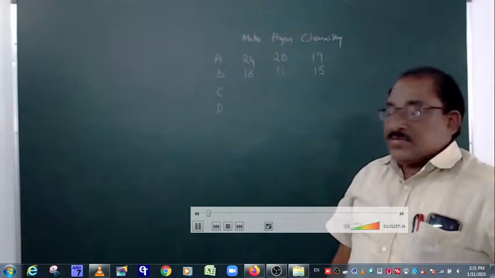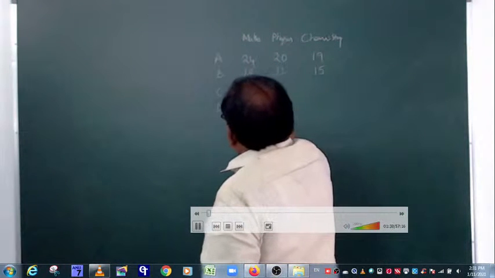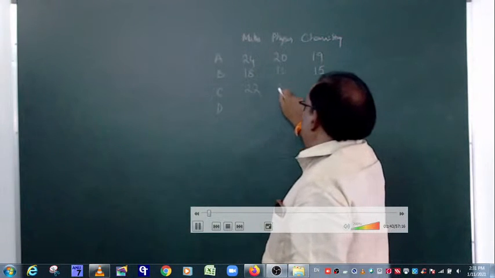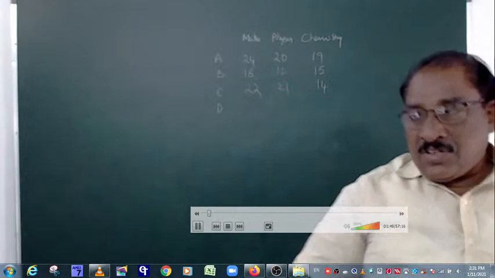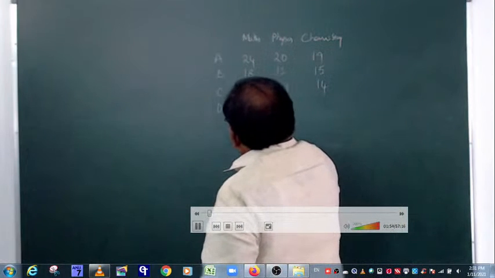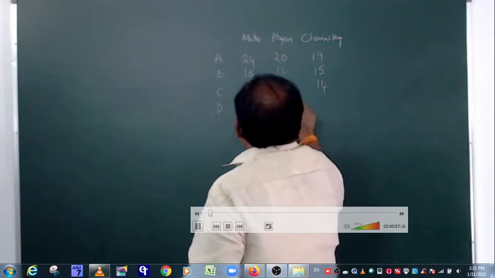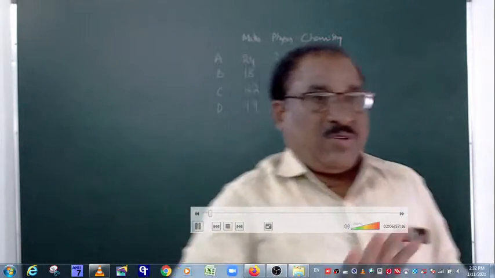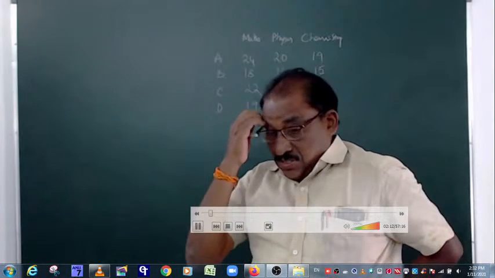Similarly, student C secured 22 in mathematics, 21 in physics, and 14 in chemistry. And lastly, student D secured 19 in mathematics, 12 in physics, and 60 in chemistry. This is the data collected from the four students in three subjects.